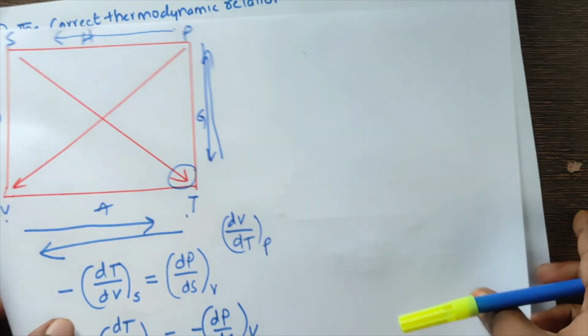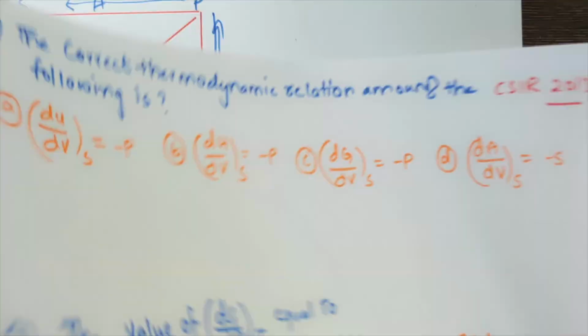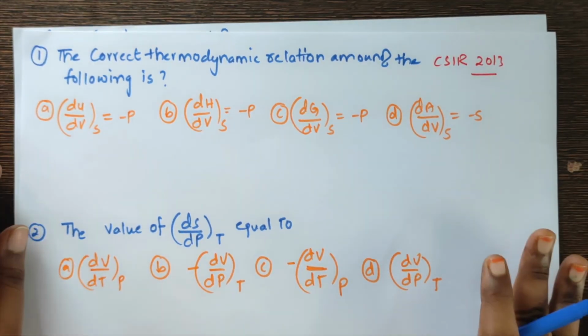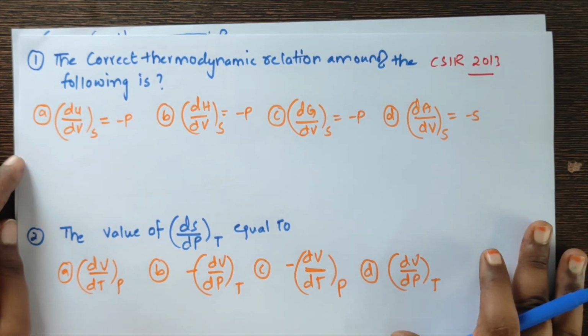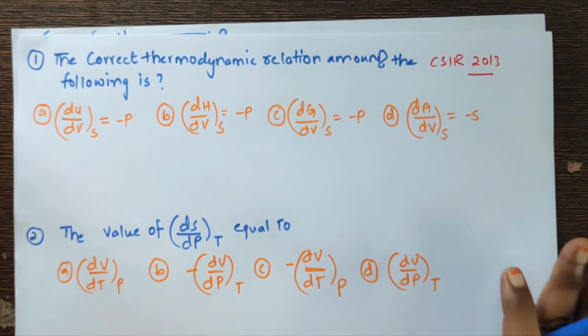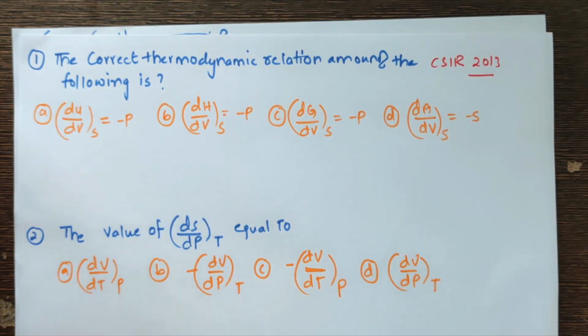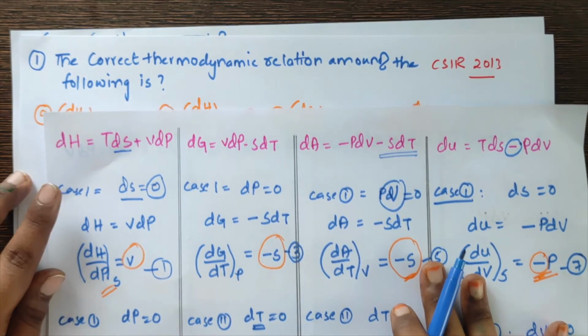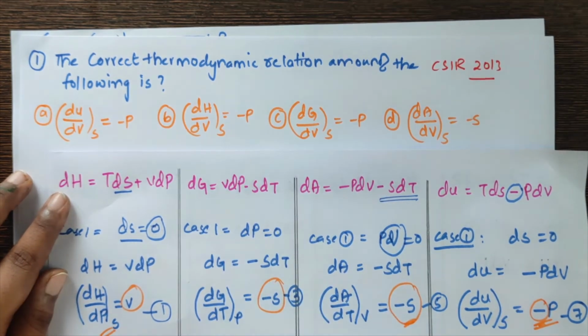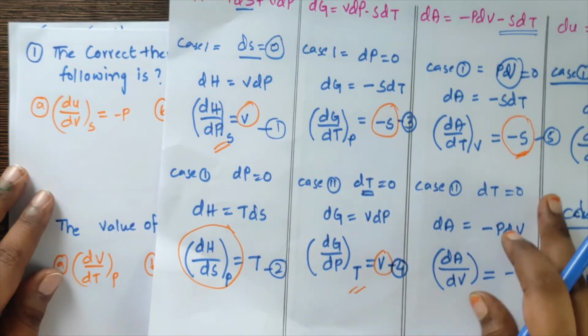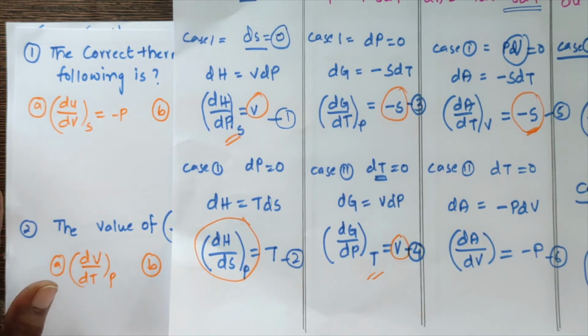And let us see some more questions. Here we should find out the correct thermodynamic relation. So we have derived earlier that in this relation only we have to check. For variables we have different values. Now we have to check the correct thermodynamic relation.